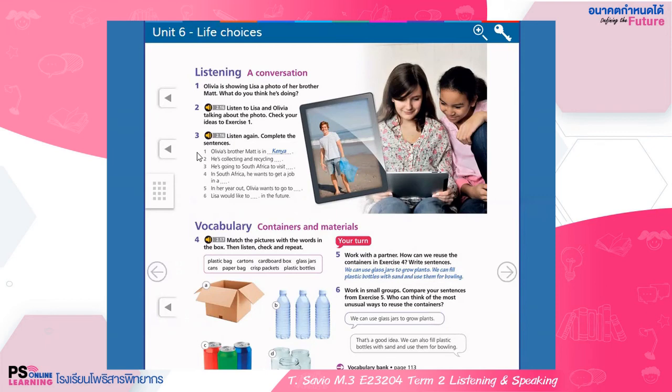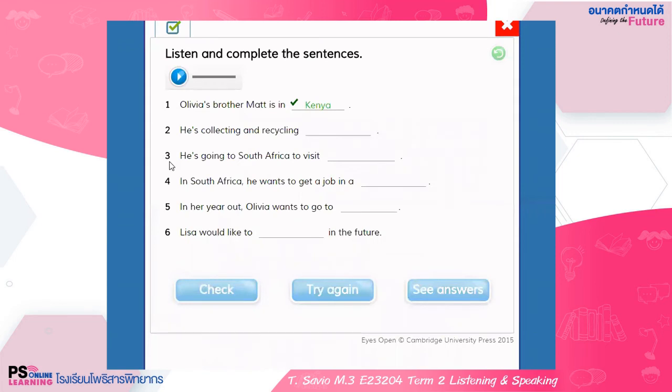Number 3, listen again, complete the sentences. Listen and complete the sentences. 1. Olivia's brother Matt is in Kenya. 2. He's collecting and recycling plastic bags. 3.